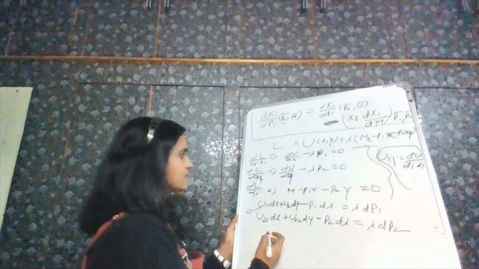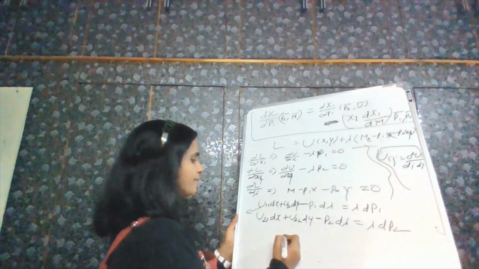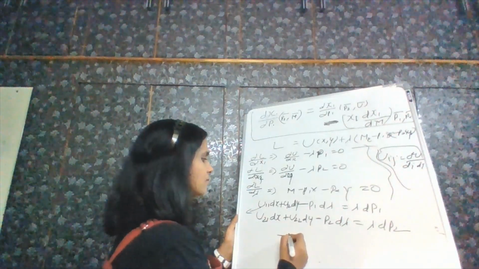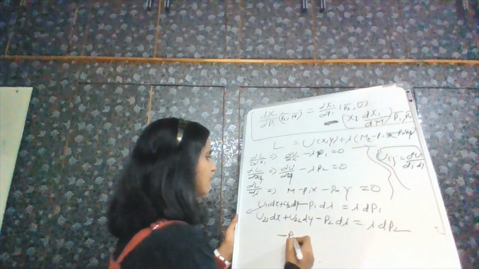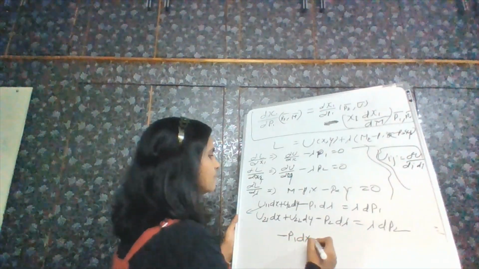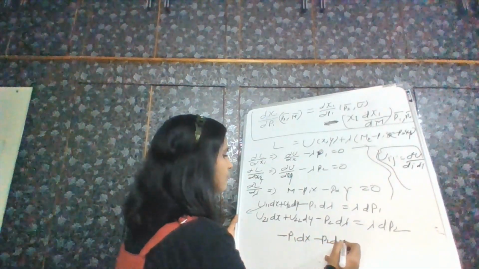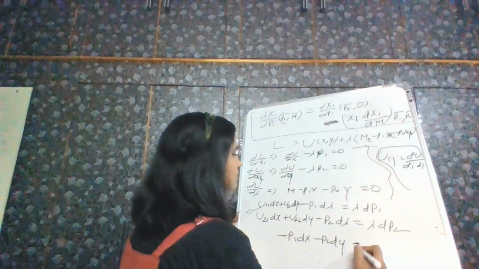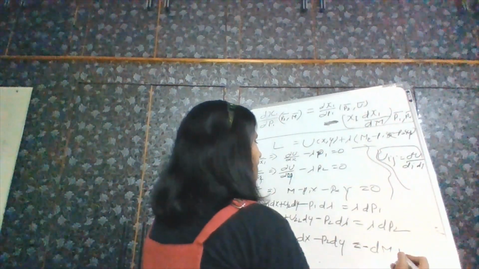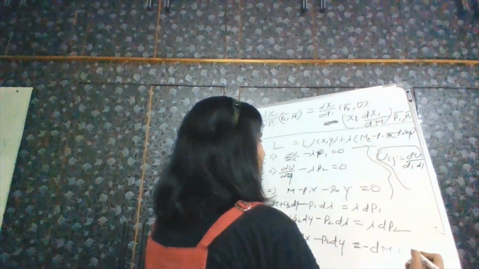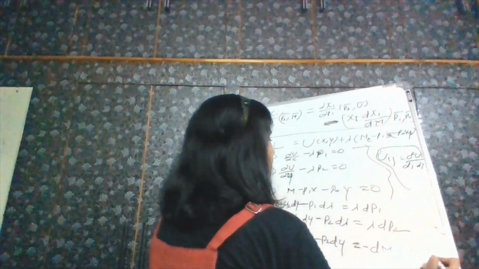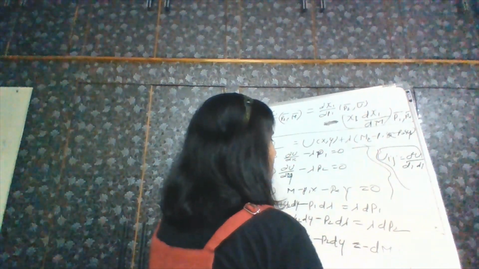That is for the second equation. And the third equation would be minus p1 dx minus p2 dy is equal to dm minus x dp1 plus y dp2.